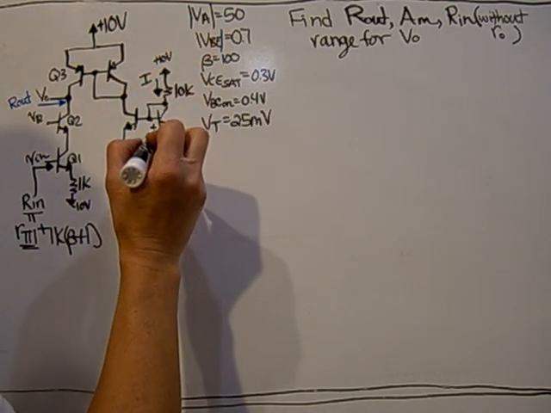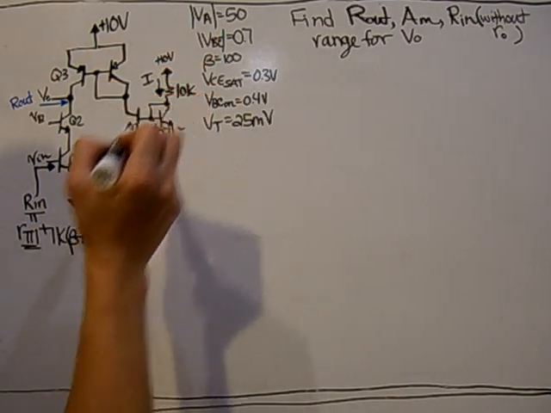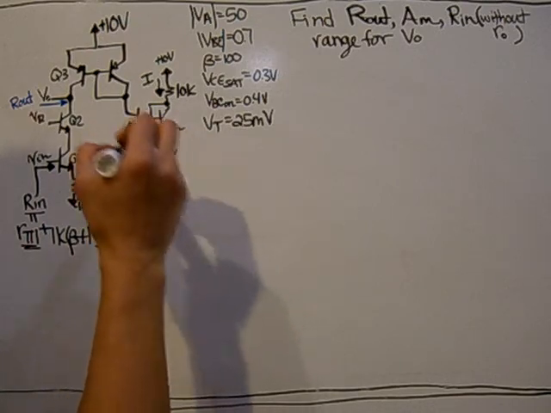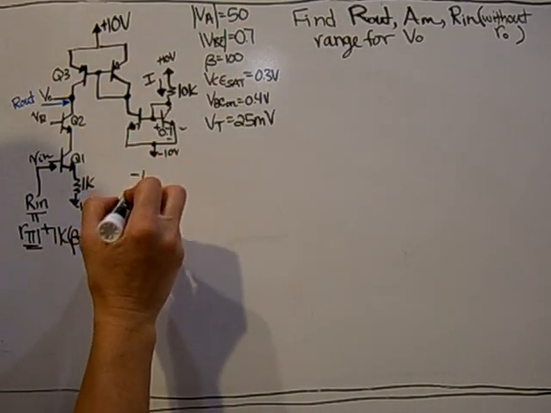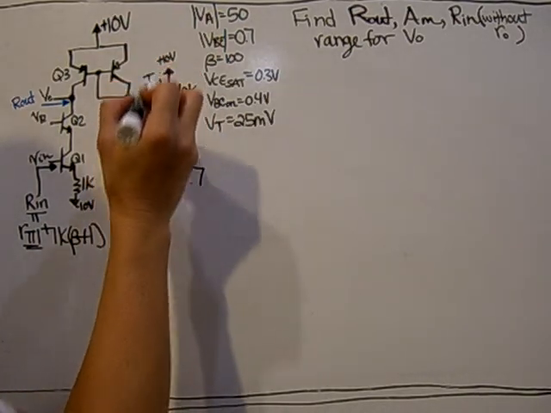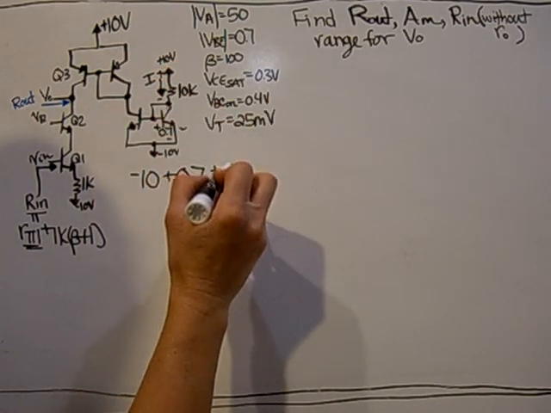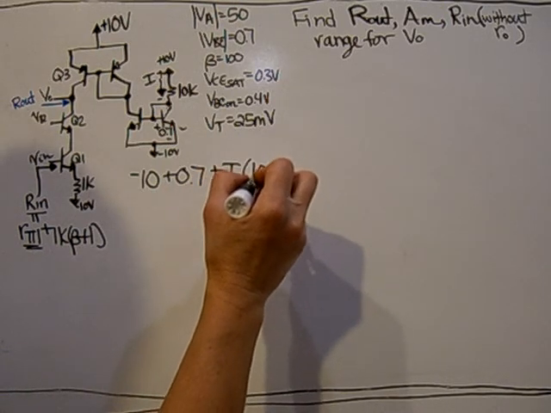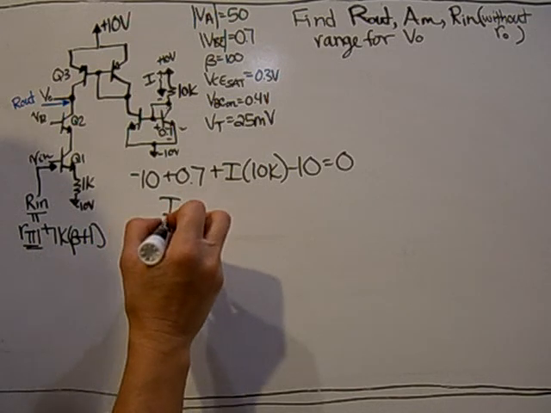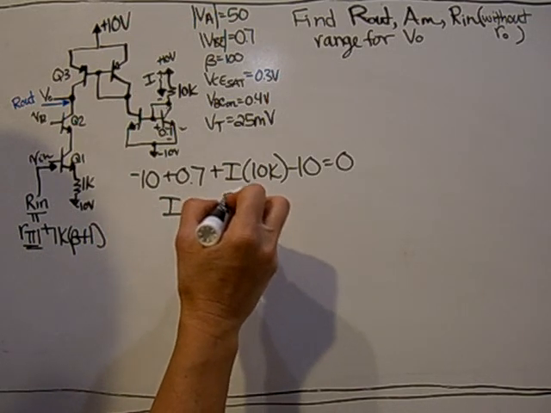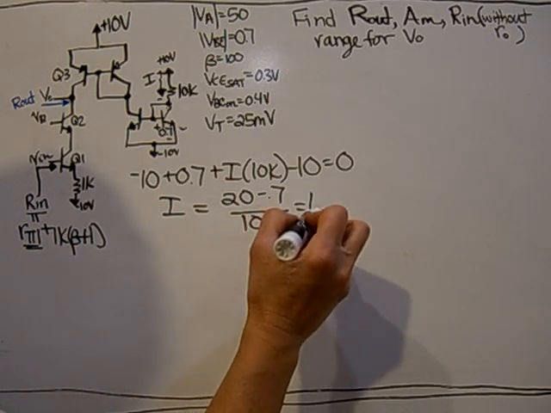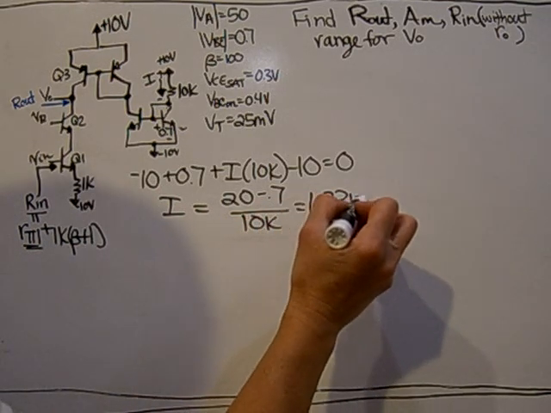This drop is known, so 10 minus that drop, which is minus 10 plus 0.7. If I just do a full loop, I'll have minus 10 plus 0.7, and then the drop here, which would be plus to minus, so plus I times 10k, and then a minus 10 equals 0. So solving for I, I get 20 minus 0.7 over 10k, which is 1.93 milliamps.